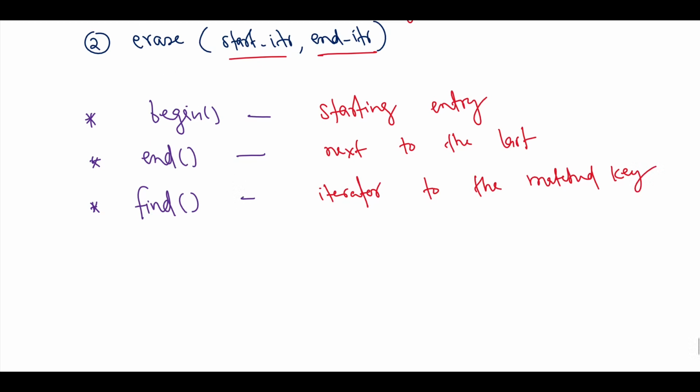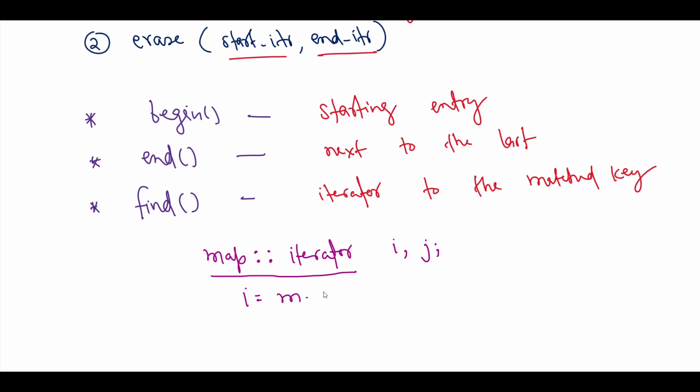Alright, so there is a way to declare iterators. We'll learn this later, but for the sake of completion, you can understand it here. When you want to declare an iterator of type map, you can write it like this, and then we have two iterators i and j.